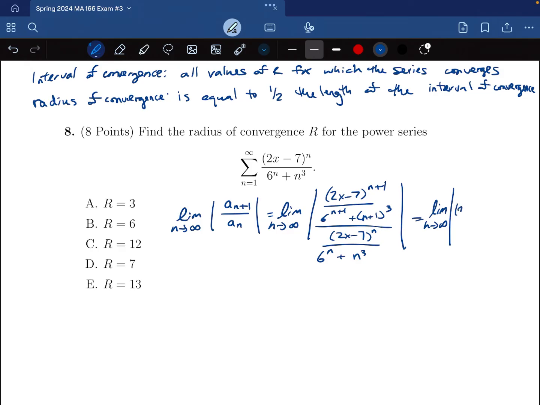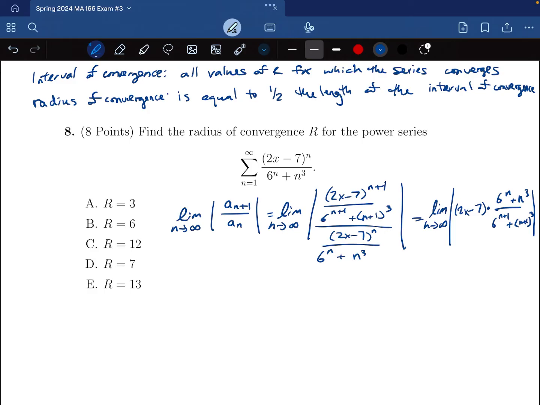2x minus 7 times (6 to the power of n plus n cubed) over (6 to the power of n plus 1 plus (n plus 1) cubed).